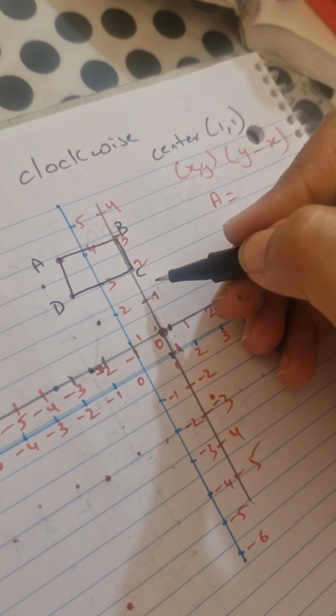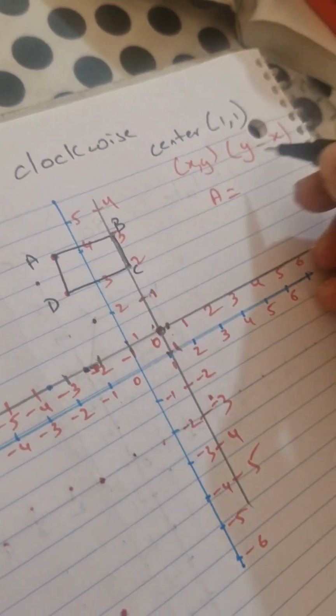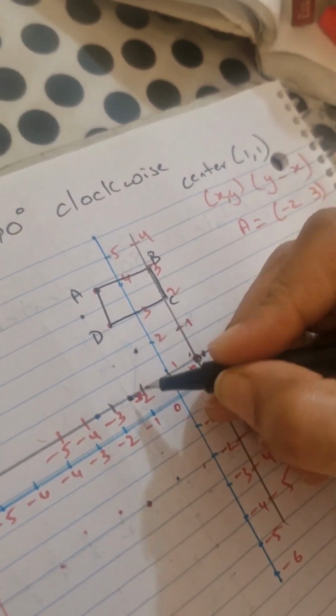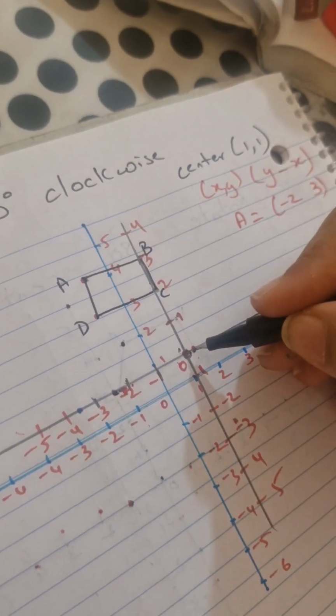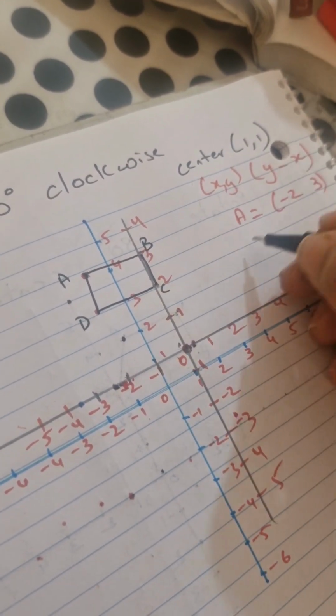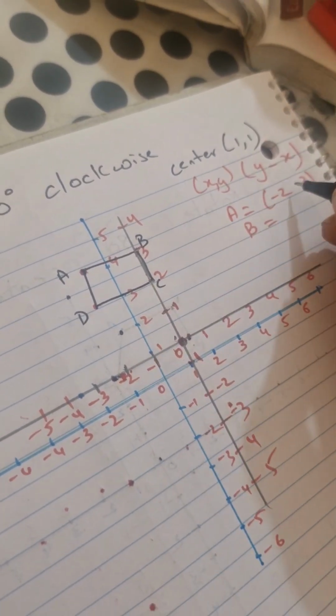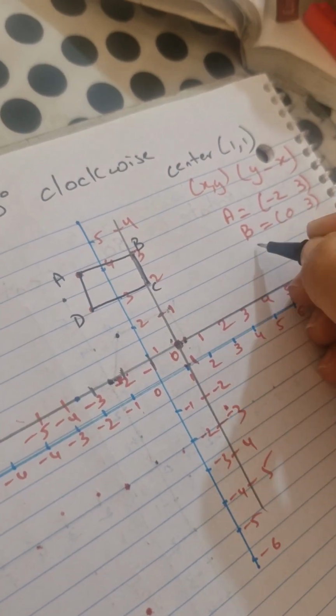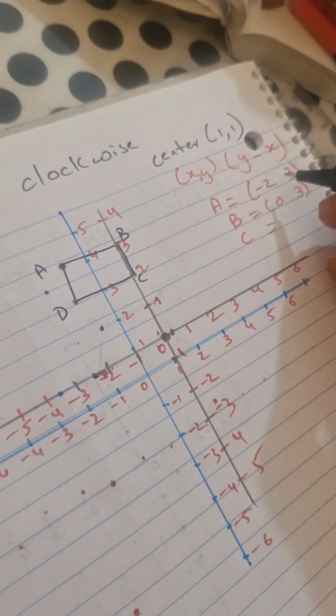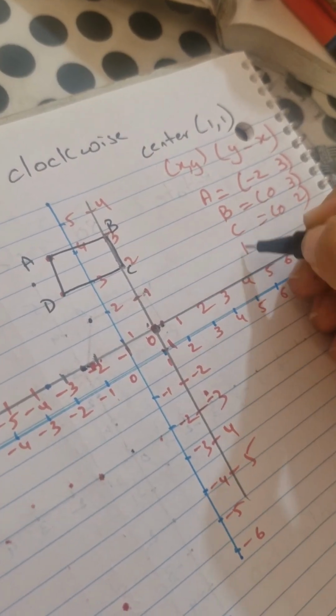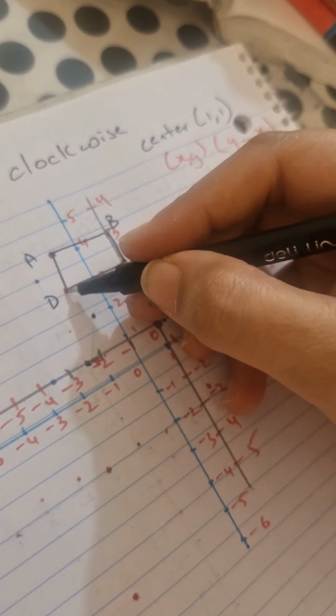Please use the new numbers. Then B is 0 and 3. Then C is 0 and 2, and D is negative 2 and 2.